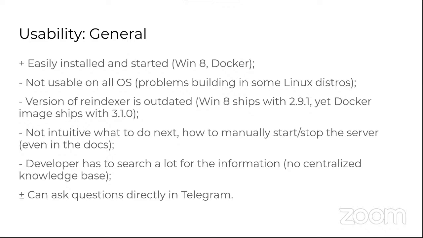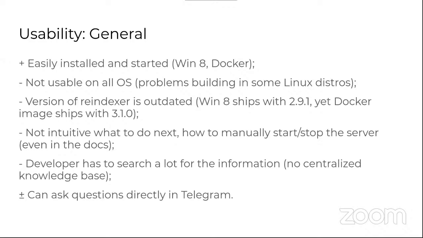It's not really intuitive how to actually start with the system, and we couldn't find it in the docs. We had some process for how to install it, but there were no real next steps, and it was not intuitive. We needed to go to some port, or manually start or stop something.